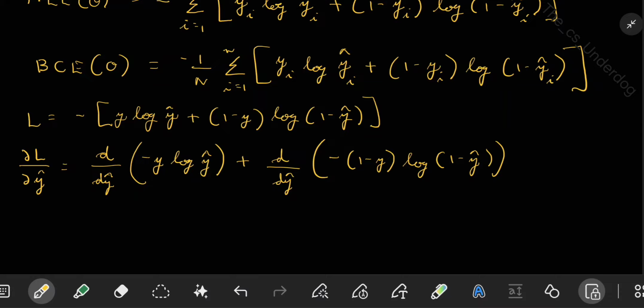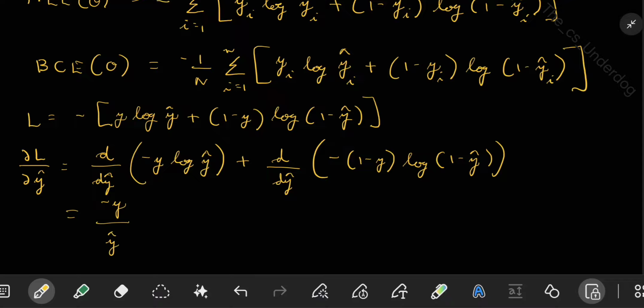What happens now if I solve for this? I am taking the gradient with respect to y cap, so y cap is inside the log here. If you take the derivative of log x, it will be 1 by x. So this will become minus y, which stays as it is, and y cap becomes 1 by y cap.